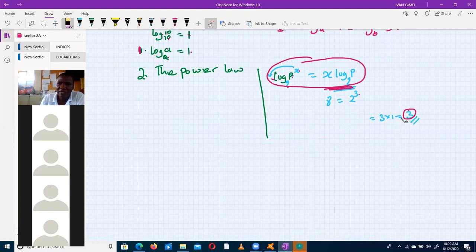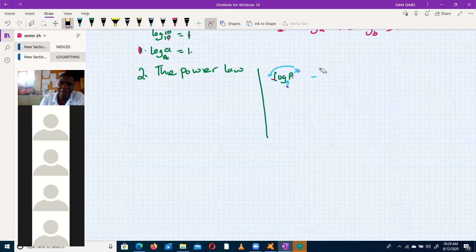One topic leads to the other. So if you don't understand a concept in one topic, it may become a problem for you somewhere else. Like we started with indices, I said indices is applied in logarithm, and you see indices is coming back here. So if you have issues with indices, then you need to polish it up. This logarithm here is just the beginning. You're going to deal with logarithm almost for the rest of your math life. So you need to understand it very well.